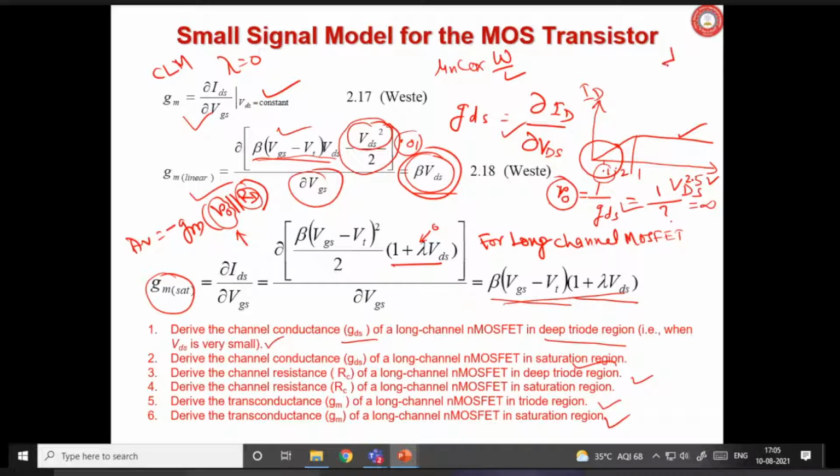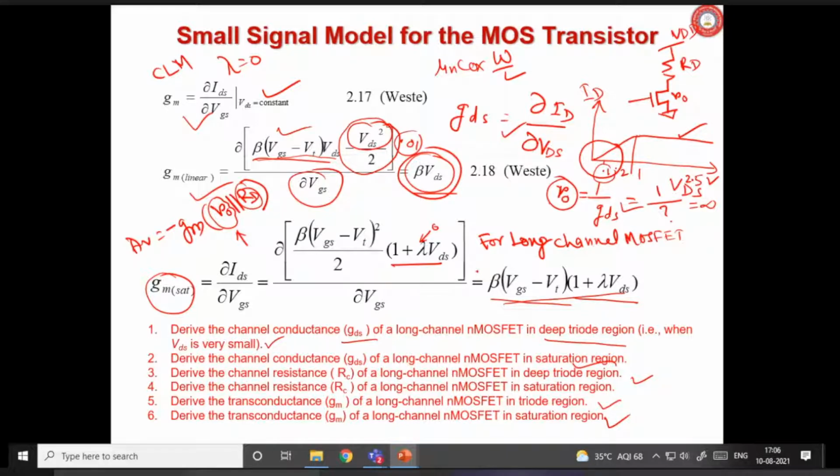A CS amplifier, as I said, is like this, the simplest one I'm drawing. This is your VDD. This is RD, and RO is the built-in resistance of the MOSFET itself, its intrinsic or AC resistance.